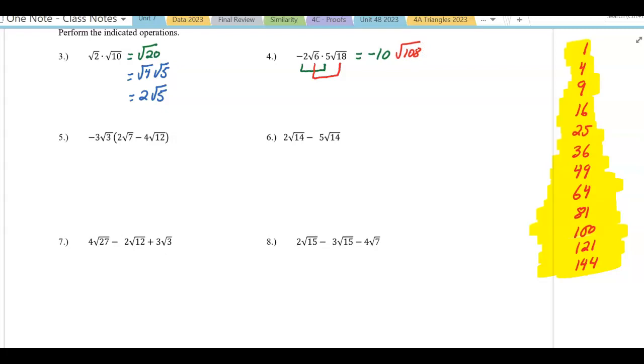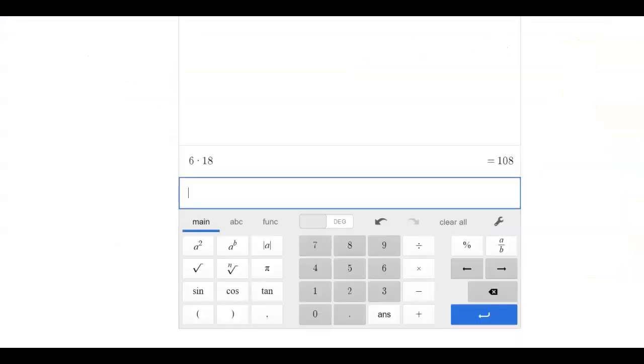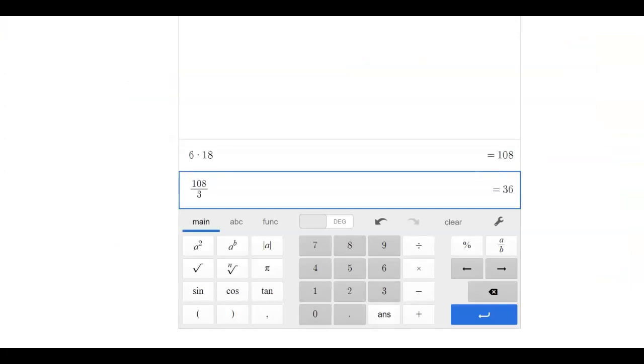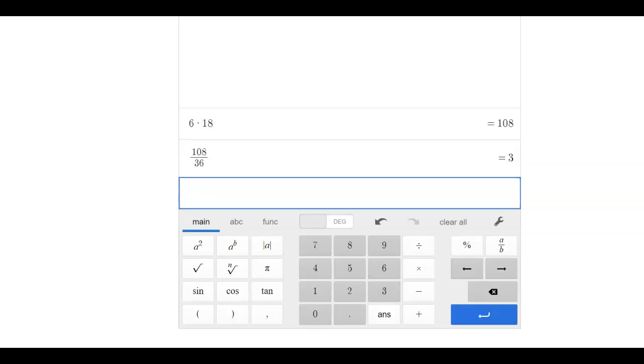And now we need to break down the square root of 108, and we're trying to find a perfect square in square root of 108. If I use my calculator, I'm going to try to find the biggest perfect square. So for 108, I'm going to try 36, and I see that that is 3.